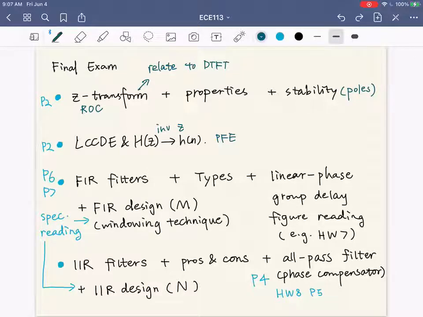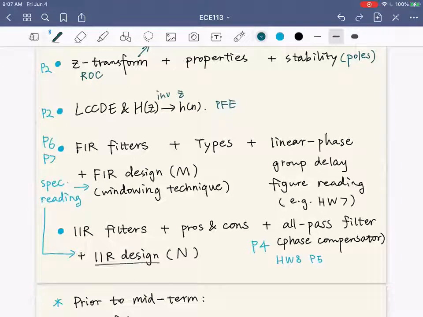But no worry, we will discuss it in more detail later. For the IIR design, the most important parameter is N. N is the order of your filter prototype in the S domain, or you can say the continuous-time domain, or the big omega domain.